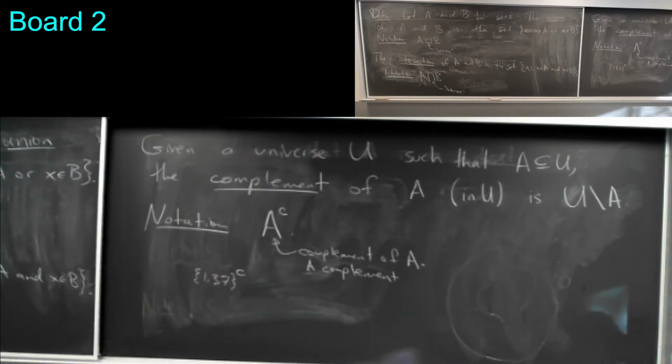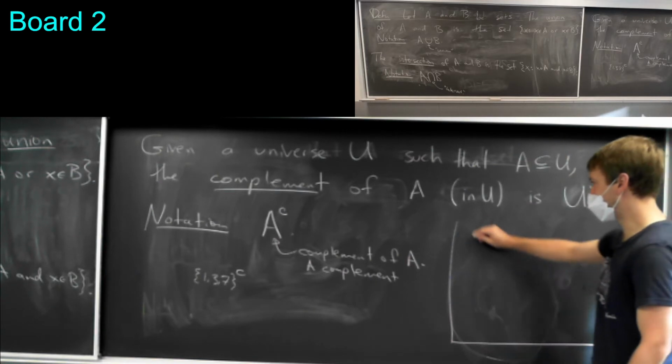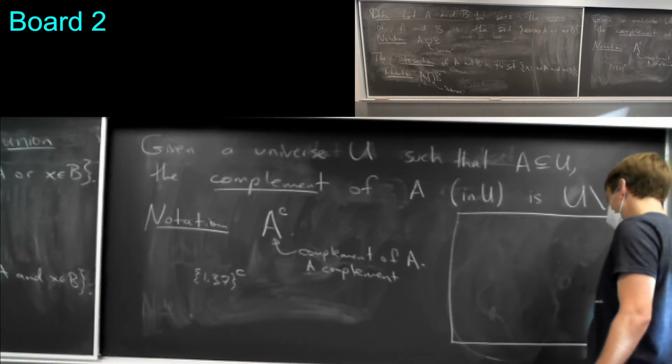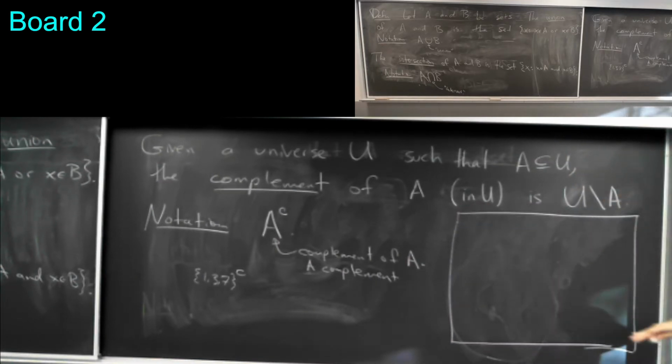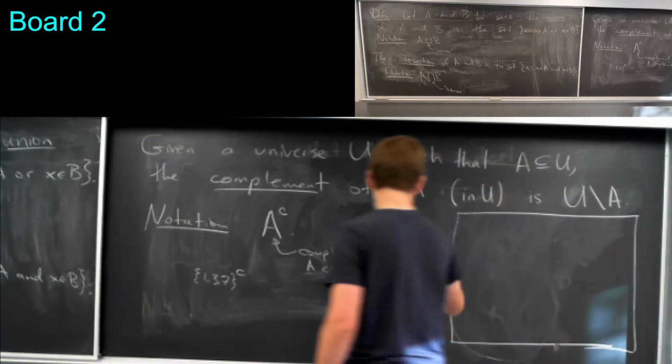Okay. So let's try to understand all of these definitions with a picture. Imagine this rectangle is a universe of elements. So this rectangle is U, the universe.